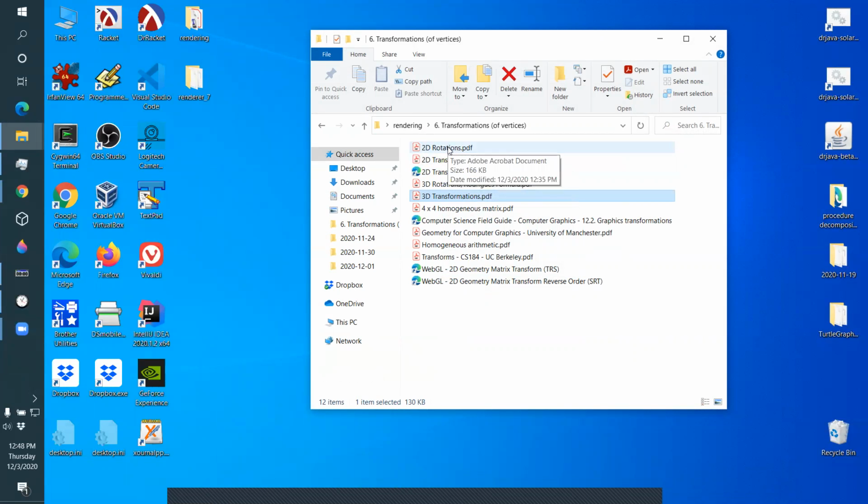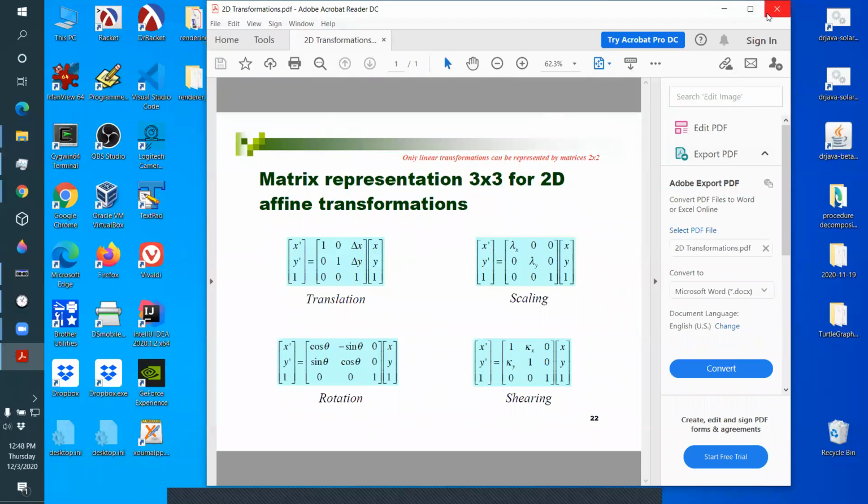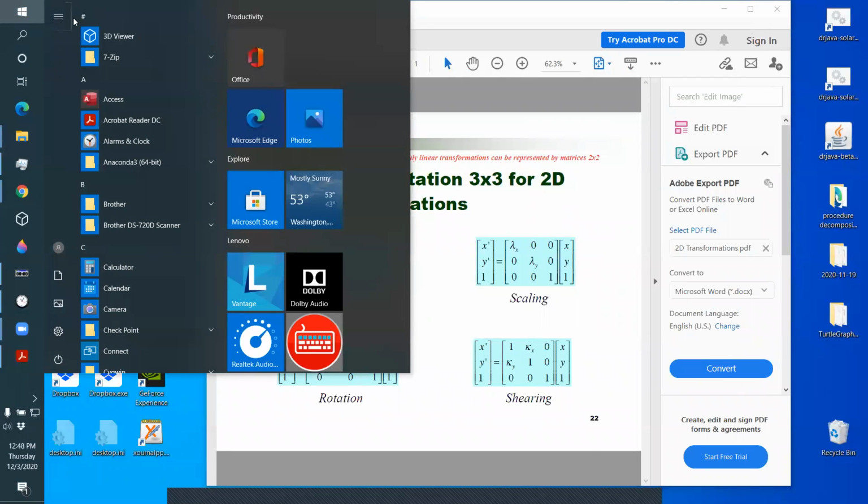Now let's talk about translation. Translation is the tricky one. Translation isn't a matrix operation. It's a vector operation. So let me draw a picture.